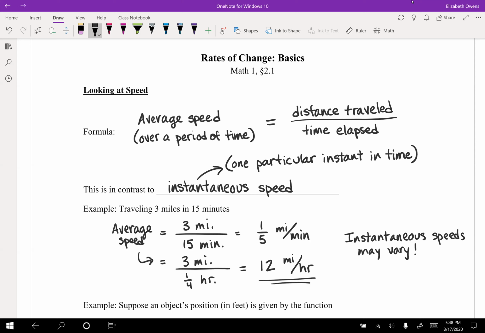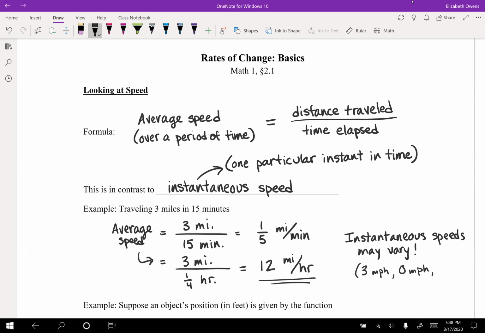Let's say at the start of the bike ride, you were going a little slower and you might have gone 3 miles per hour, just kind of starting out. If you had to stop at a traffic light, your speed would have been 0 miles per hour at that particular instant.